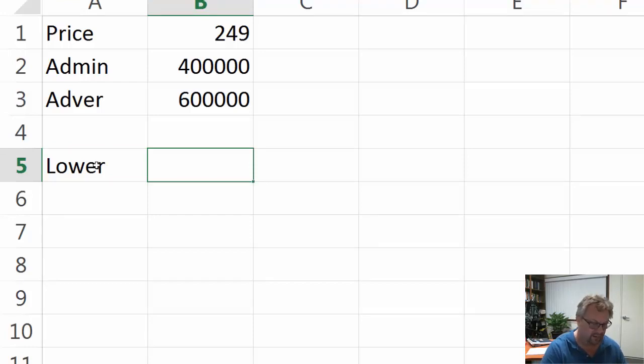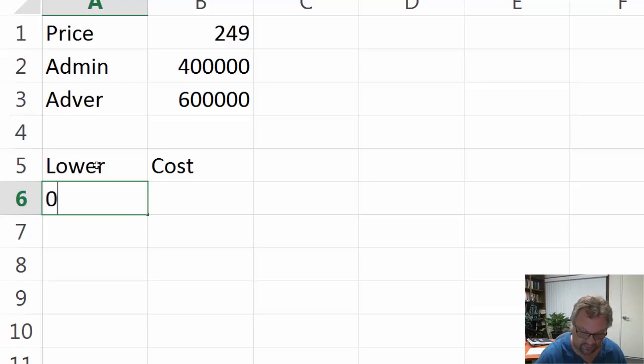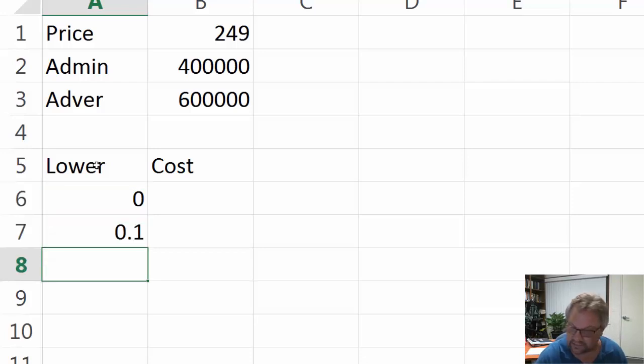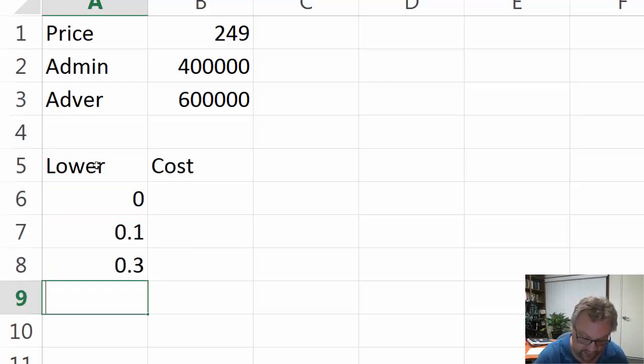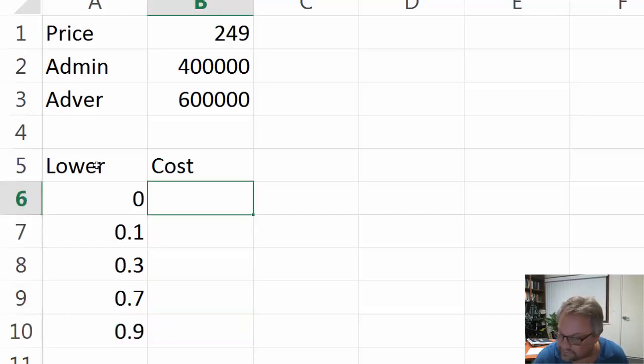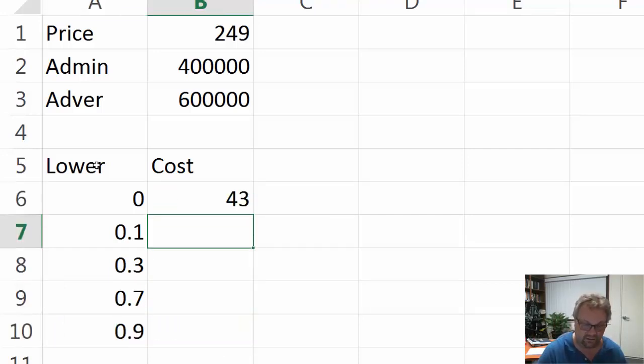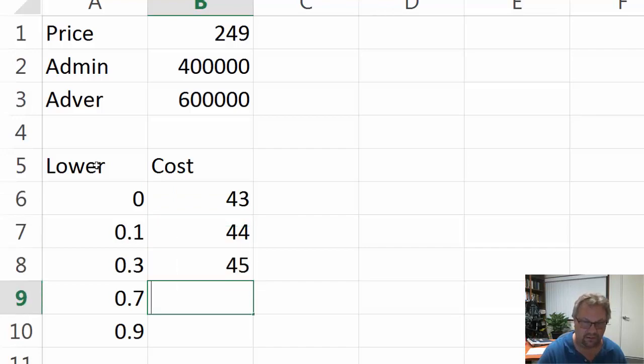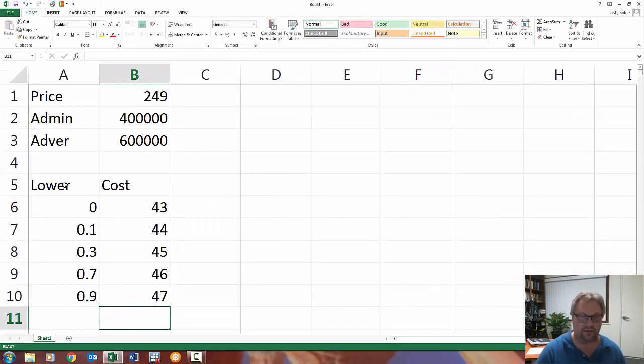One had the lower bound of my intervals, and then the other had the costs. And my lower bounds were 0, 0.1, 0.3, 0.7, and 0.9. And then my cost started at 43 and then went up by $1. Okay, so that's my VLOOKUP table for my labor costs.